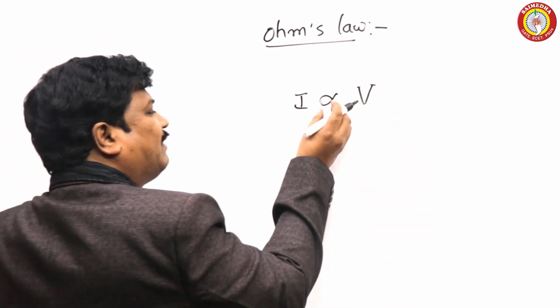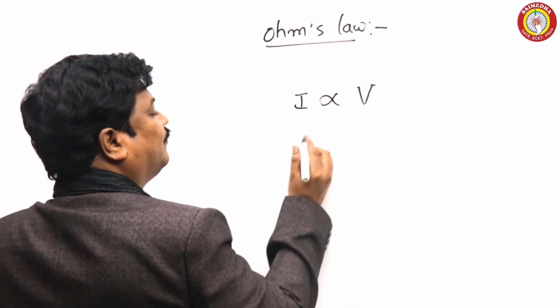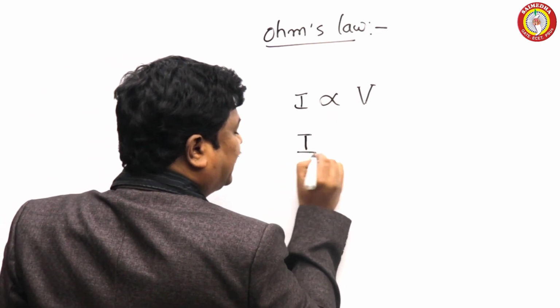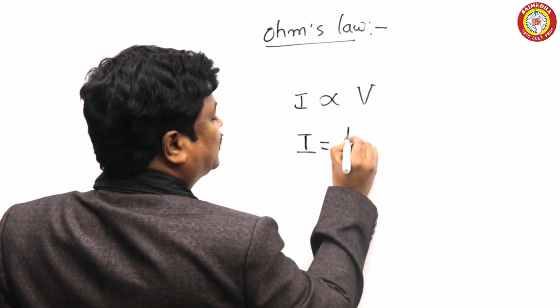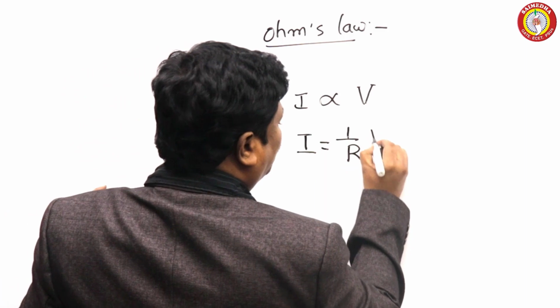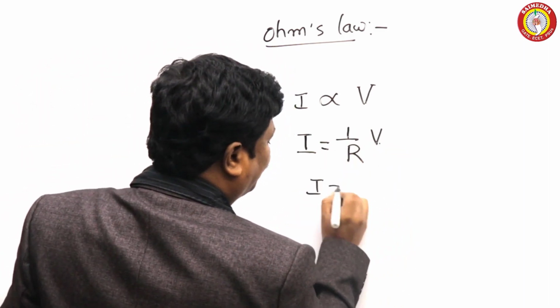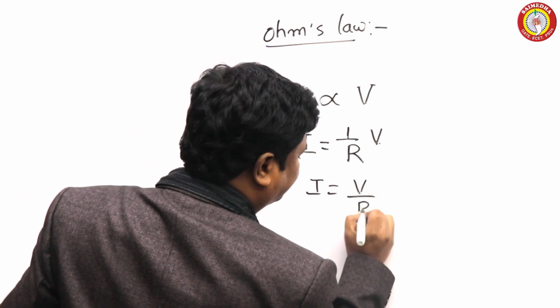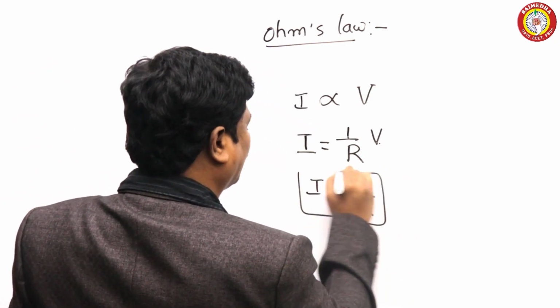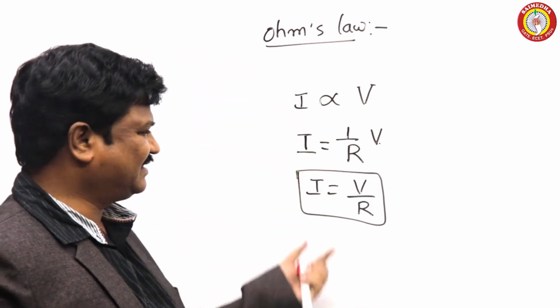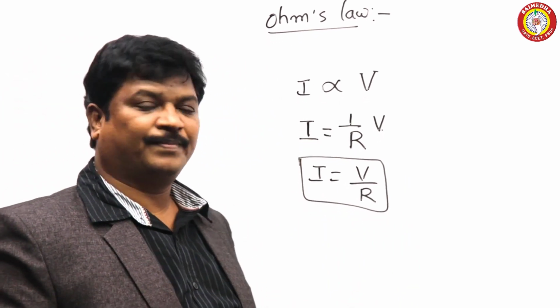If you want to avoid this proportionality, we can go for a proportionality constant. I is equal to 1 by R into V. That is, I is equal to V by R. Of course, this is a very simple thing, as you know.